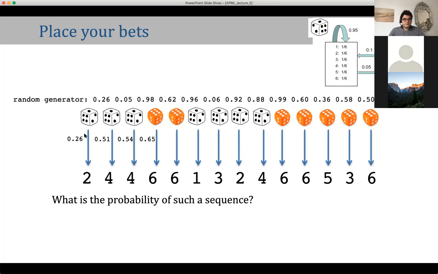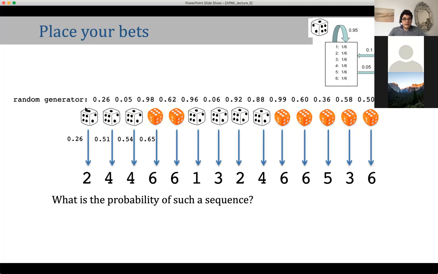So we have a first fair dice. We draw this value. It's between 1 out of 6 and 2 out of 6. So we draw 2. Then we have to decide, do we keep the fair dice or do we move to the loaded dice in the second step? We draw again a random number. Here it's 0.26. This is below 0.95.